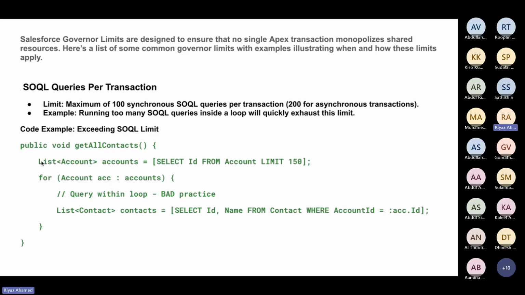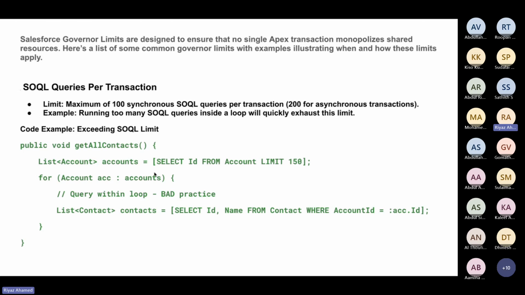Here, what we are doing, first we are taking account as a list, correct? After taking, we are doing a for loop. What will happen? It is bad practice. We are using a query inside the for loop. So it is wrong.